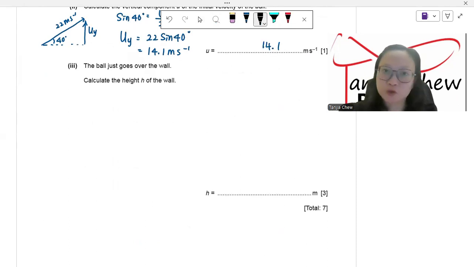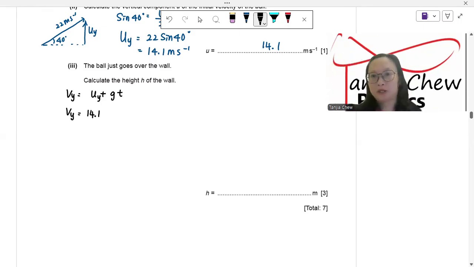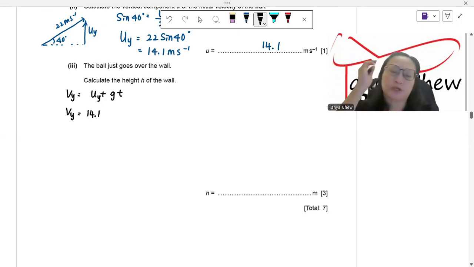Vy, I resolve into the y direction. Vy is equal to Uy plus gt. Uy is 14.1, and for this type of symmetrical projectile motion, g is always negative.